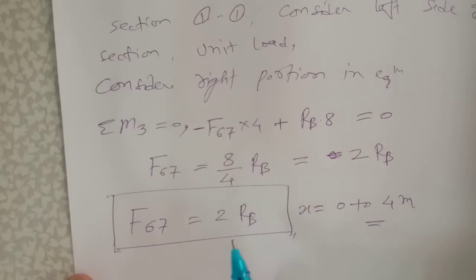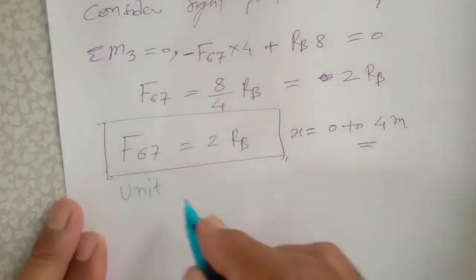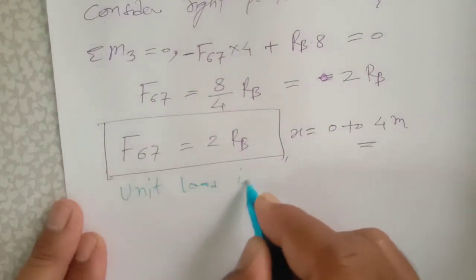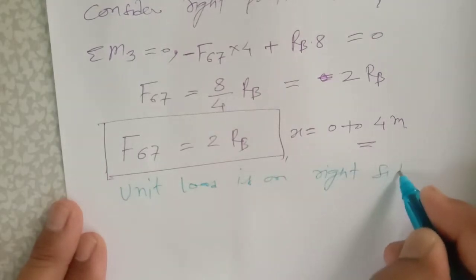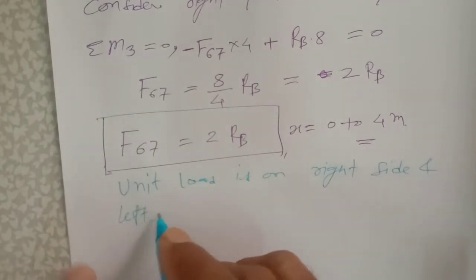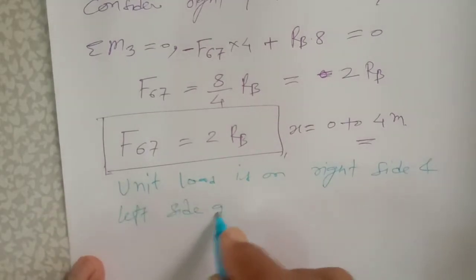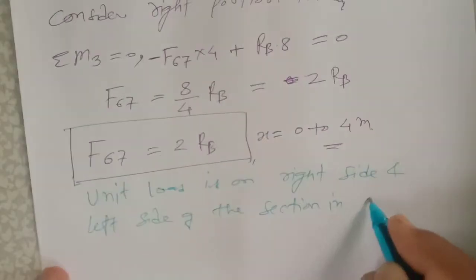How to start? Now again repeat the same procedure. Section 1 as it is. Unit load is on right side, and left side of the section in equilibrium.